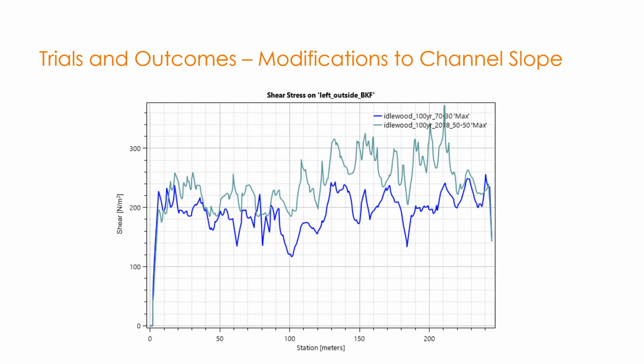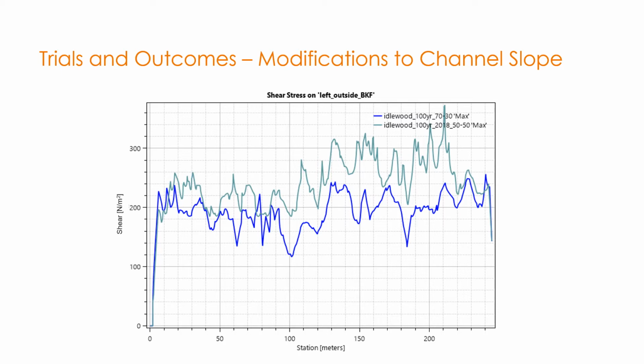Here's a short graph that shows you how the changes that we made had an effect on the design. The pale blue line illustrates the shear stresses that you would have seen on the original design along the left outer bank full bench.